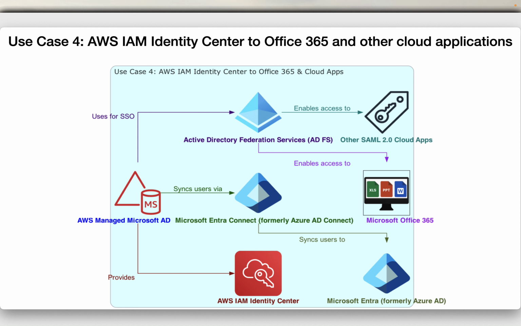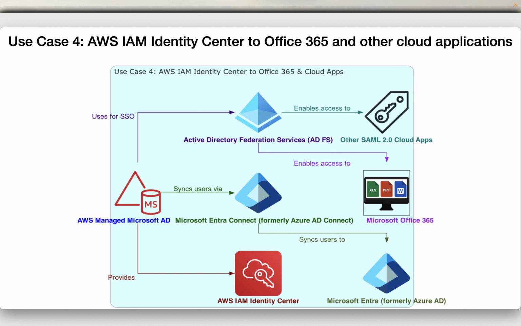So basically, to access Office 365 and other cloud applications in big enterprises, usually you will have something like Azure products like Entra Connect, Active Directory Connect or ADFS. But if you use AWS IAM Identity Center, which is for big organizations who use AWS Organizations, you can enable single sign-on.